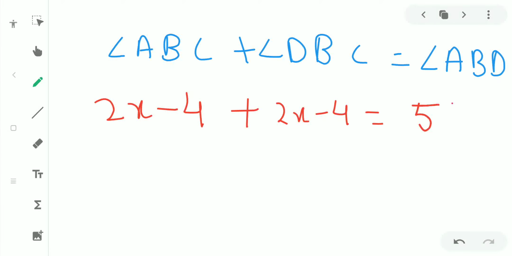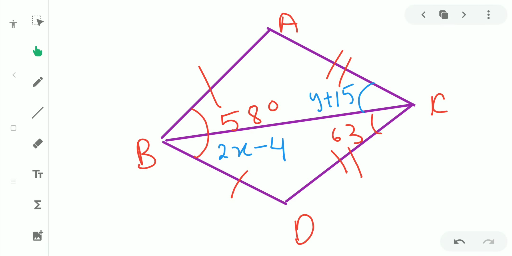Now I will explain to you how I got this equation. We know that this angle, so I am marking 58 degree just for your sake, so that you will understand very clearly. On placing this triangle BDC on triangle ABC, we will have this angle, that is angle DBC, and angle ABC are equal.